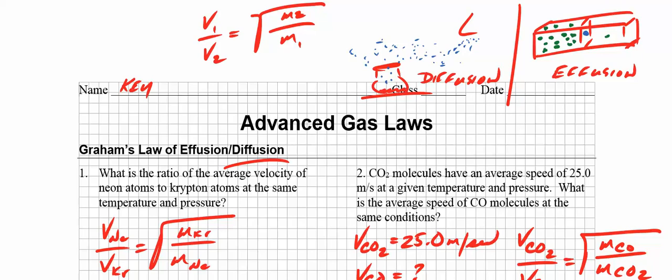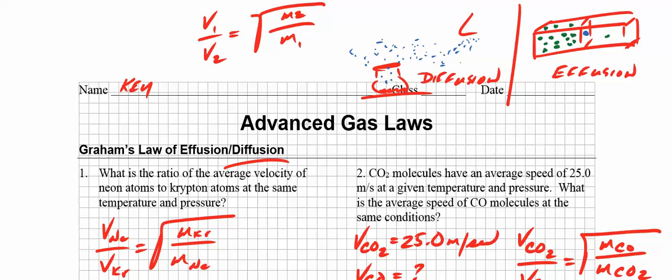One is moving faster, presumably, than the other, and we can make that comparison. And we can compare them through their molecular weights. So what Graham said was that the velocity of one gas was related to the velocity of a second gas by the square root of the inverse of their molecular weights. That's critical. The inverse of their molecular weights.